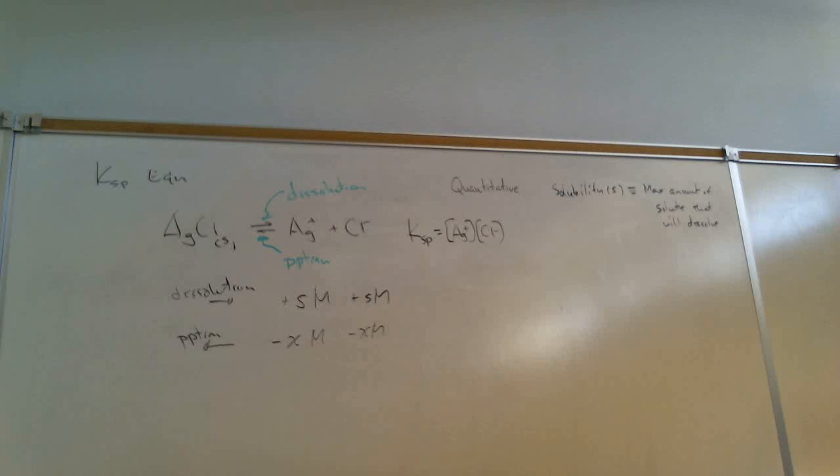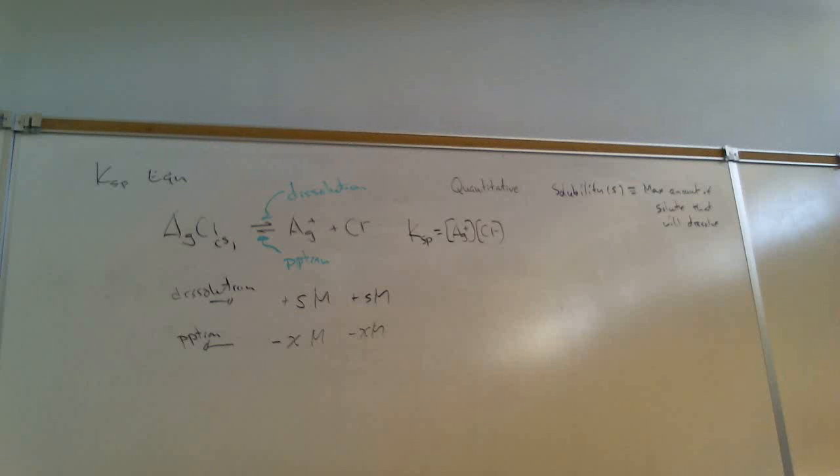So if I look at the KSP for silver chloride, it's not here. Not there. I think I remember it. 1.8 times 10 to the minus 10.